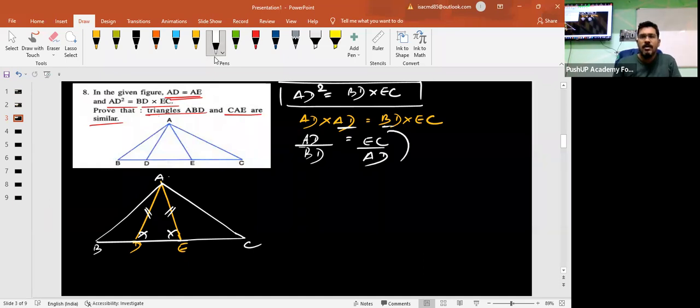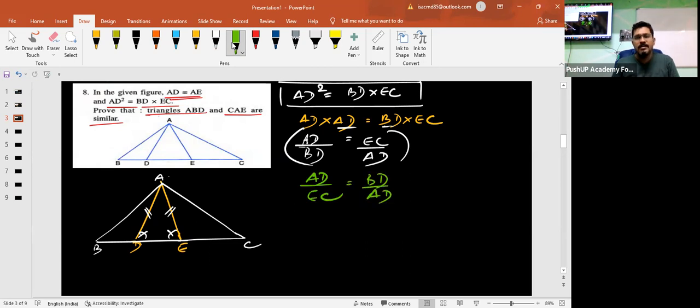Children, you may be thinking, how come I'm so sure that I have to write it in this format? I'm not sure. I'm just making a prediction here. I can also write it as AD upon EC is equal to BD upon AD. This is also possible, right?